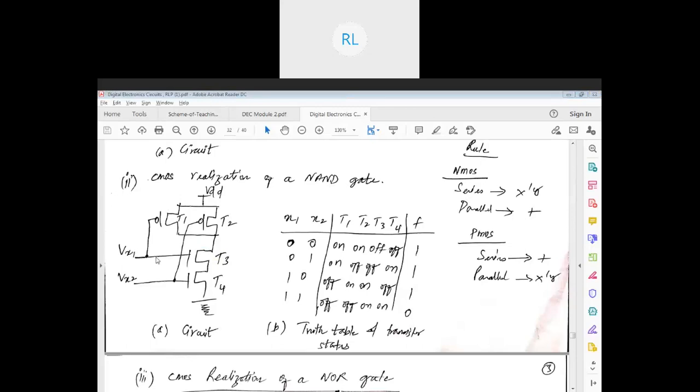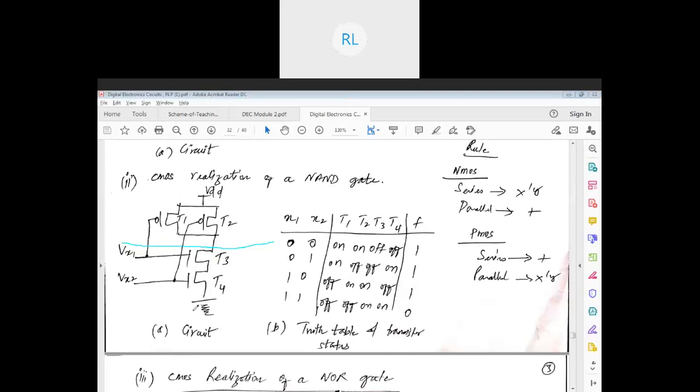So now let us first implement only the NMOS structure. One thing that you should keep in mind here is that we are dividing the circuit into two halves.